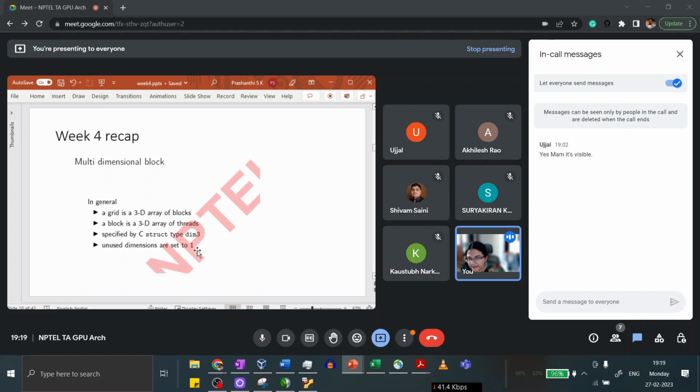And whenever you see x comma 1 comma 1, it means that those dimensions are unused, the ones that are set to 1. That's kind of the convention we use. If you see no ones, then it means that it's a full 3-dimensional specification. If you see 2 ones, then it's a 1-dimensional, and if you see 1, then it's a 2-dimensional. That's how you interpret it, right? But you have the functionality for both of them to be a 3D array.